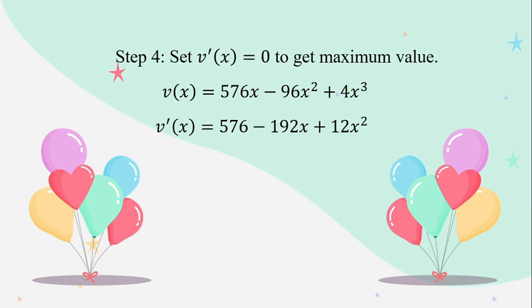V'(x) equals 576 minus 192x plus 12x squared. And then we set V'(x) equal to 0. So 0 equals 12 multiplied by (48 minus 16x plus x squared).